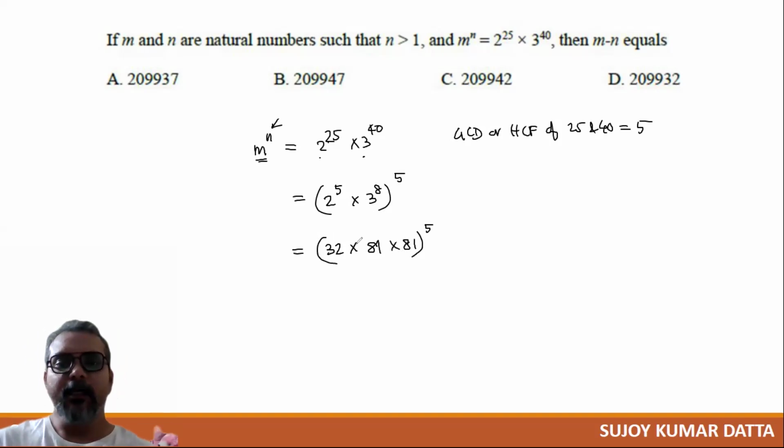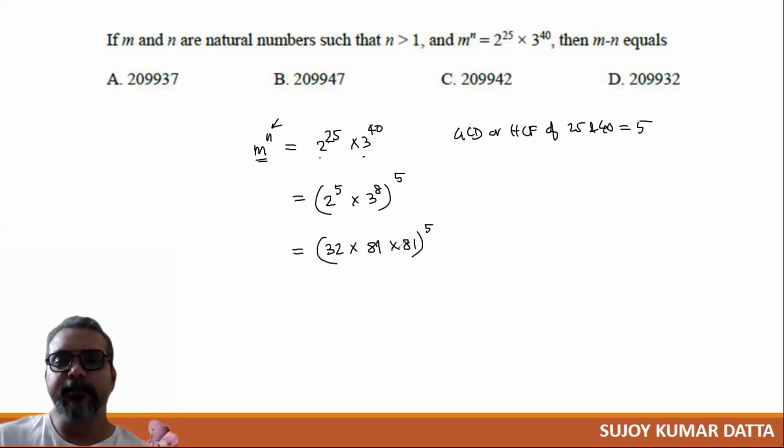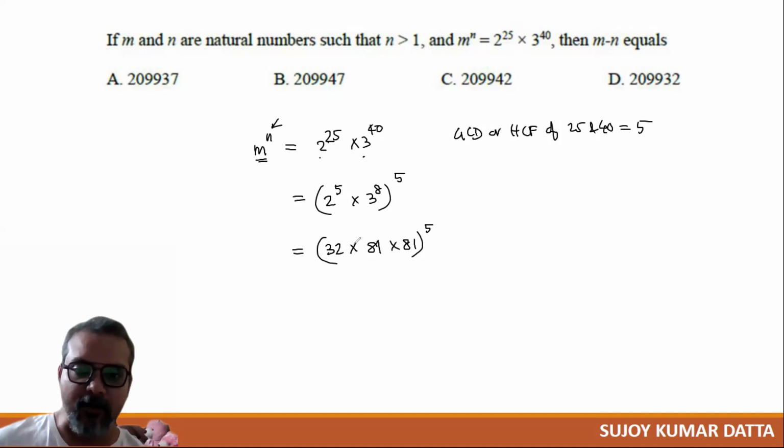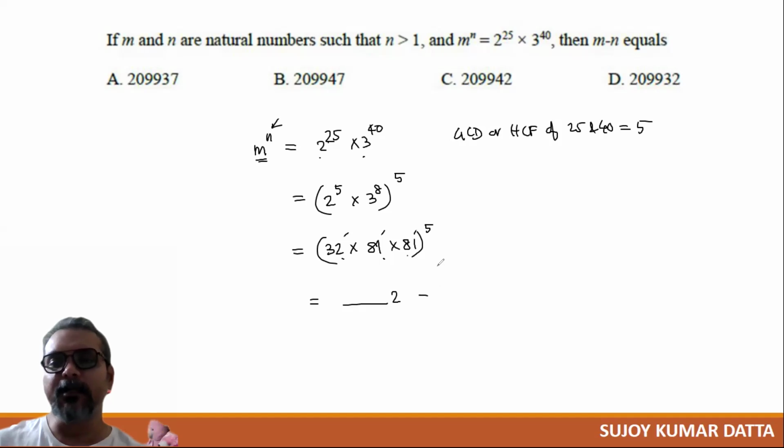Okay. So now if you look at this carefully, this entire thing, when you multiply, multiplication will take time, right? So we can use a calculator and get it done, or you can just understand this way. If you multiply, your last digit will come out to be 1 times 1 times 2. So something big followed by a 2. This is your m value, right?